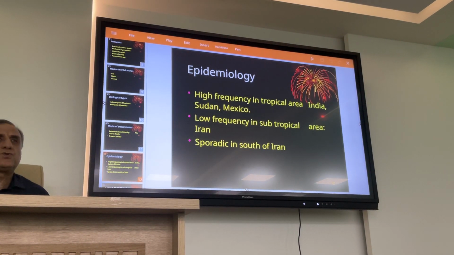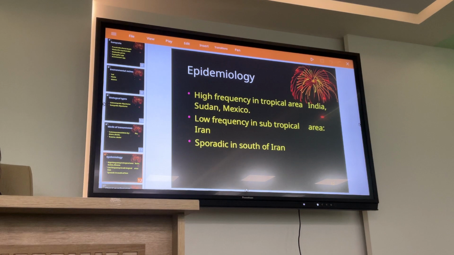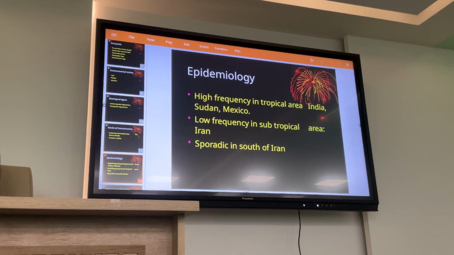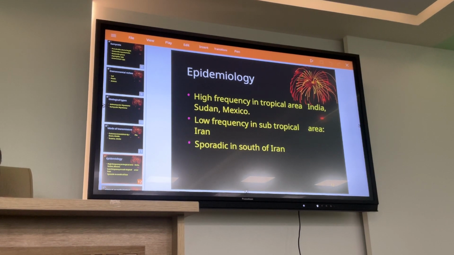Subcutaneous mycosis usually occurs in males at a higher number compared to females.